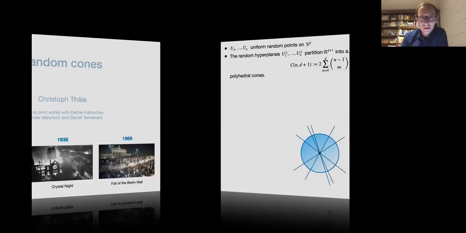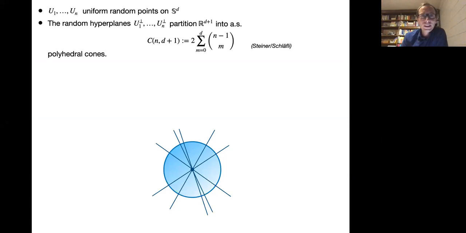But since we are here to do mathematics, I would like to start to introduce the model I would like to look at with you. So we are dealing with the d-dimensional sphere, and we imagine the d-dimensional sphere sitting in the (d+1)-dimensional Euclidean space R^{d+1}. And on the sphere, we just put uniform IID random points, U_1 up to U_n. These are n uniform random points on the sphere.